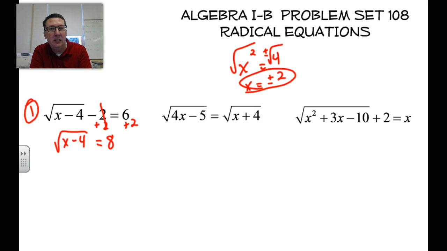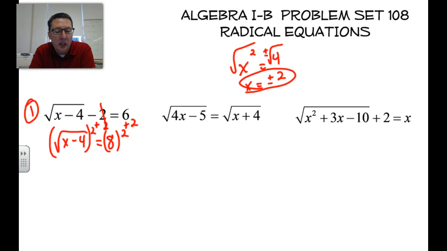Now I brought up that example right at the very beginning that squaring and square rooting are opposite operations. So if we need to undo the square root, we need to square it. So in an equation, we're allowed to add the same thing to both sides, subtract from both sides, multiply, divide. We're also allowed to square both sides of the equation. So I'm going to square the left side, and I'm going to square the right side.